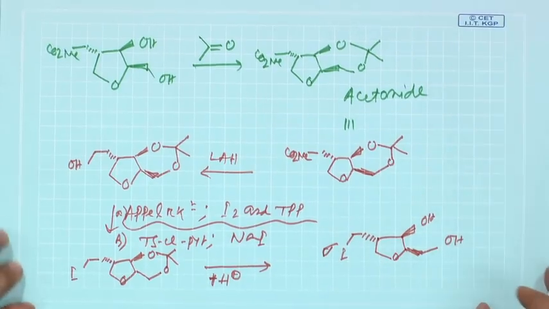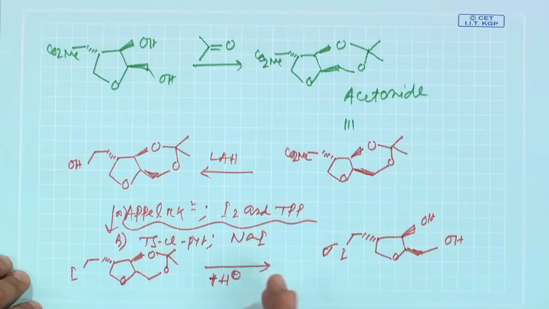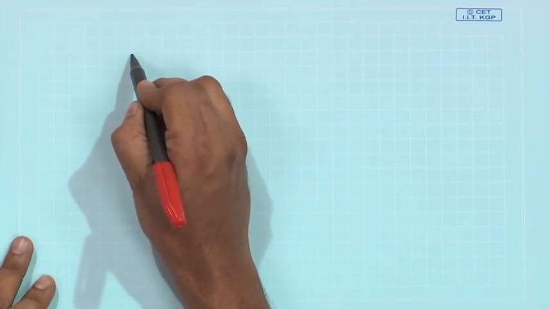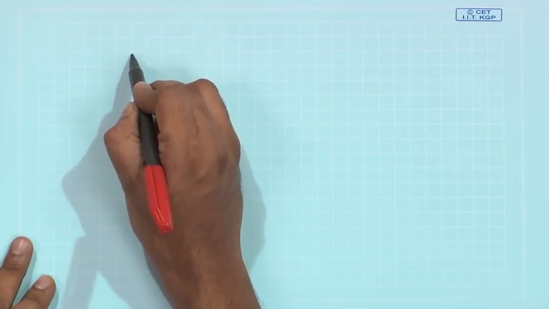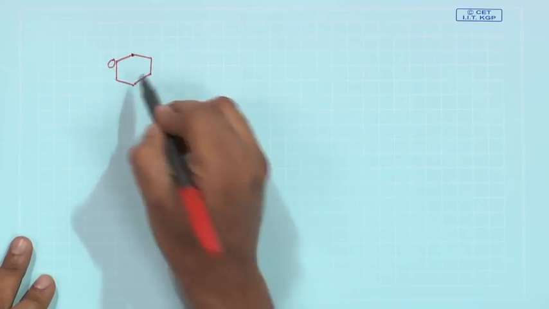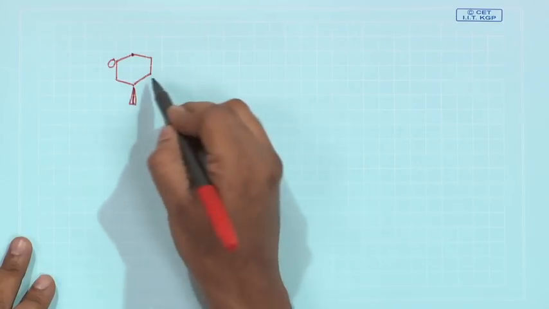So, we have used acetone as a strategic protecting group to mask the primary hydroxy as well as the secondary hydroxy, so that these two hydroxy groups remain inert during our functional group transformation. In this way we will be using several protecting groups, and our next example will be focused on a similar kind of protecting group, and there we will be using some other chemistry. You will just observe how we will do it.